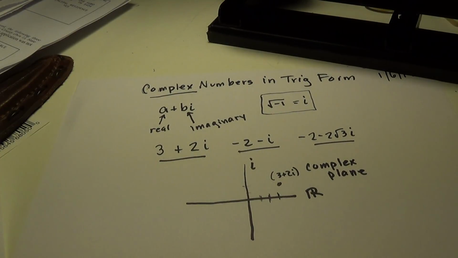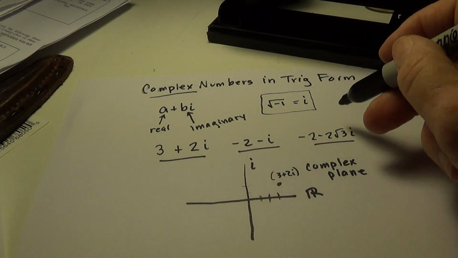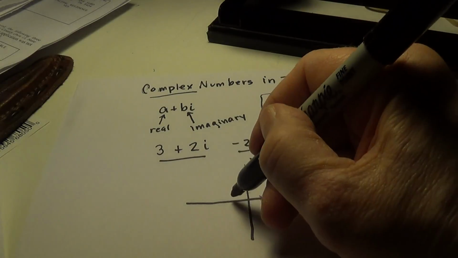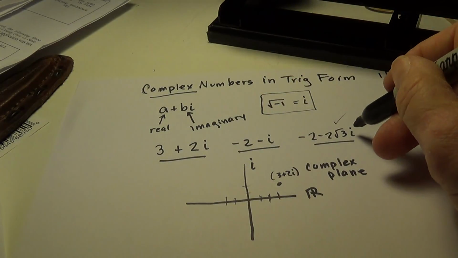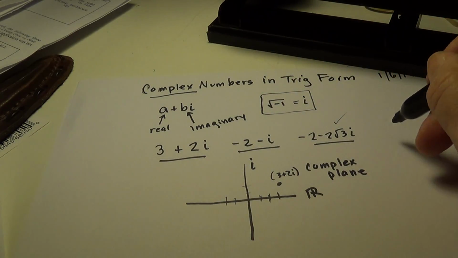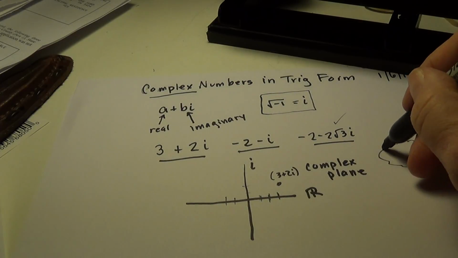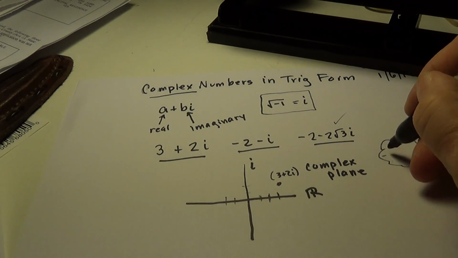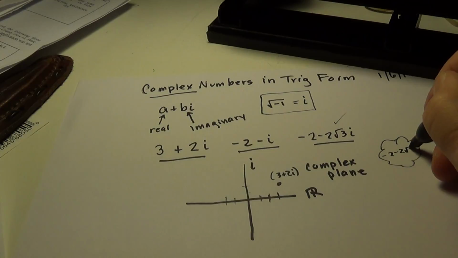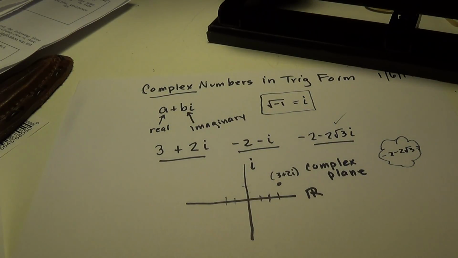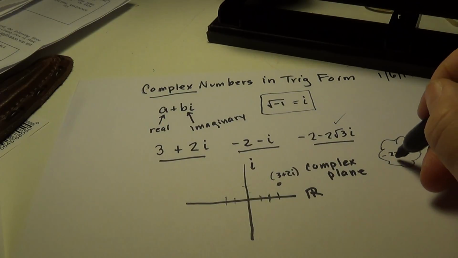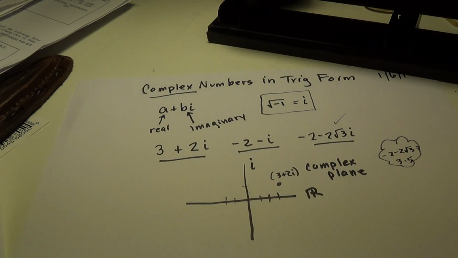Alright, let's see if we can find this one. -2 minus 2 square roots of 3i. So in our thoughts, 2 square roots of 3 is going to be approximately 3.5.